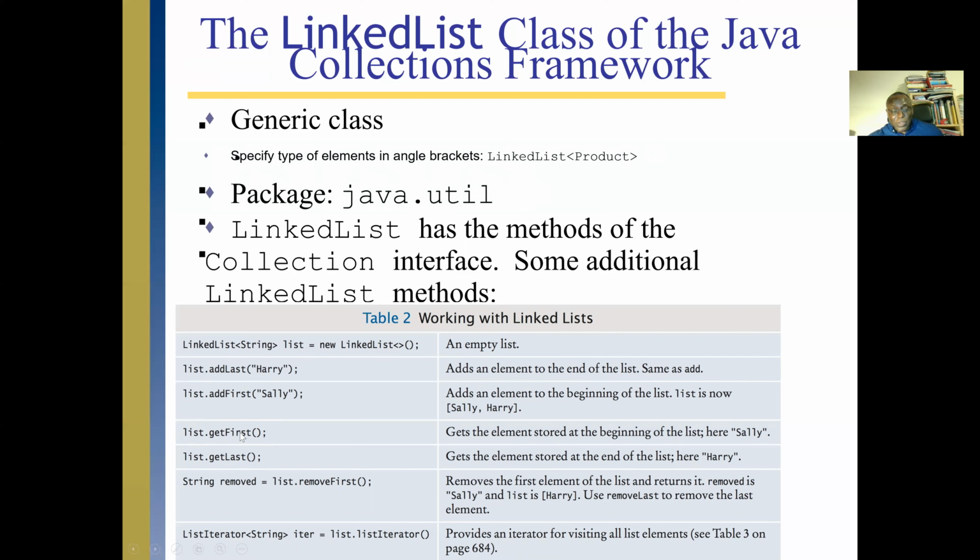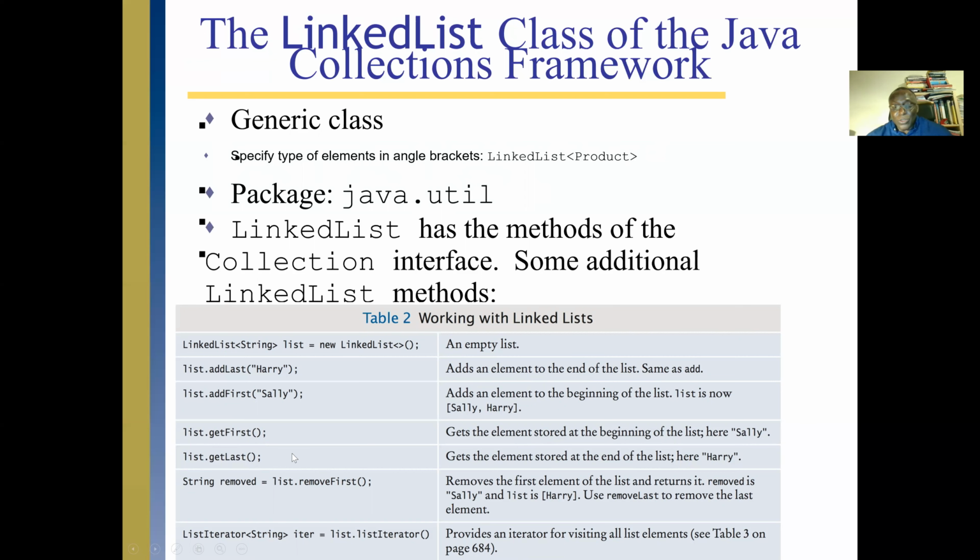The getFirst method tells us what is in the node in front of the linked list. We are not going to remove it, just want to see. Same thing applies to getLast also. So list again is the linked list object dot getLast. This will show us the last item.